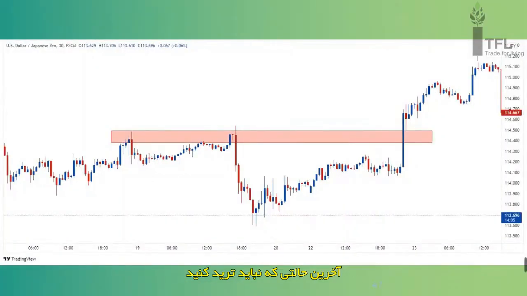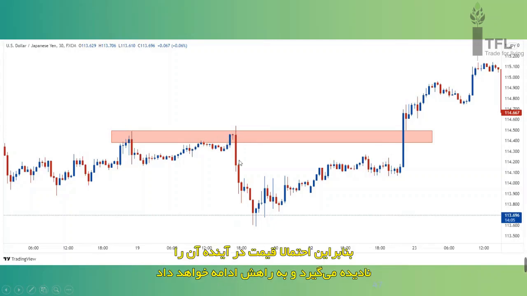So the last one, the things that I tend to avoid. For example, we have a zone over here. What happened is that the price violated, tested, and then not only that, the price reached above this zone, violating it. So that means in future the price will likely ignore it and go as it is.